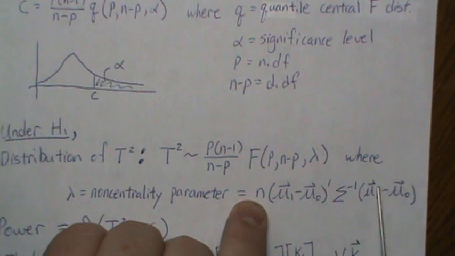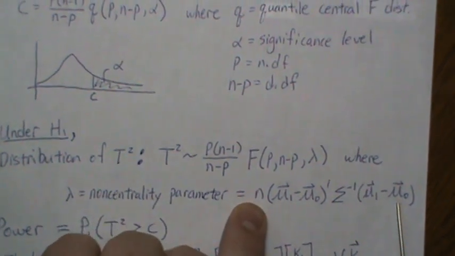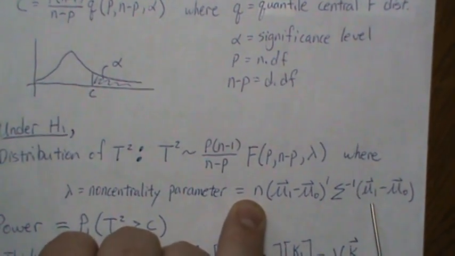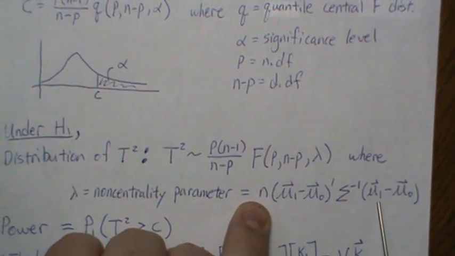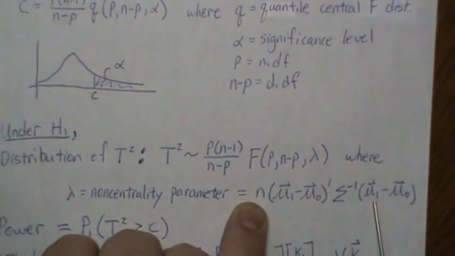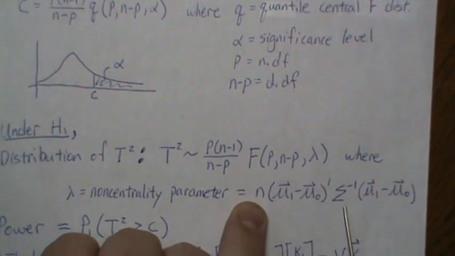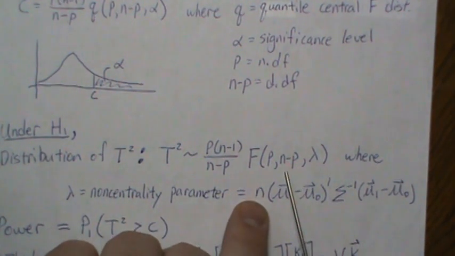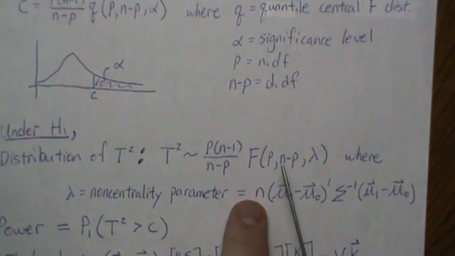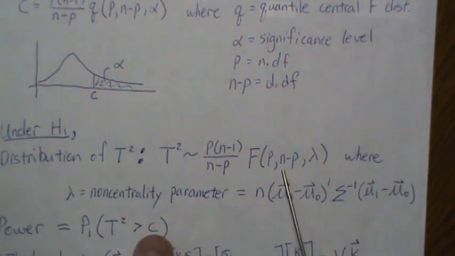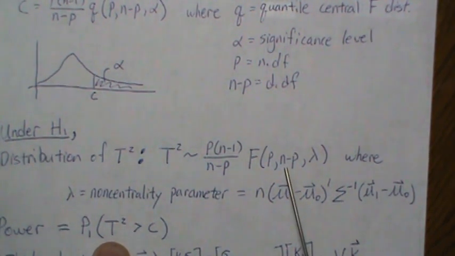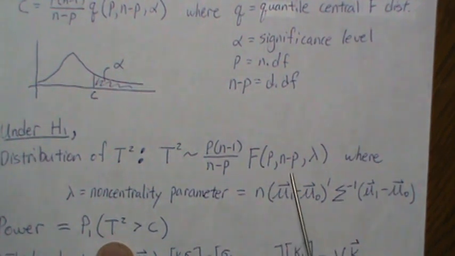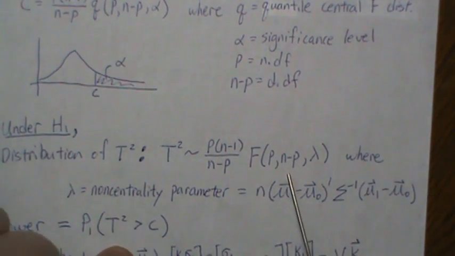If you look at this non-centrality parameter, the mean vector in the alternative region is a constant, we pick that value. The population covariance matrix is a constant. So n is the only non-constant. So you pick an n and find this probability. If it's not high enough, then you increase n until it achieves the power we want.